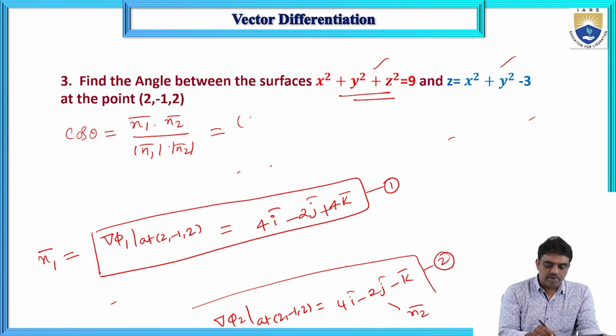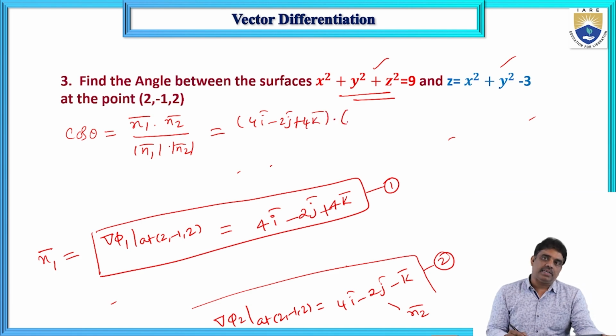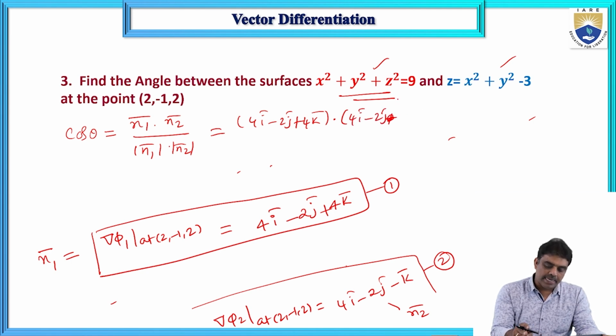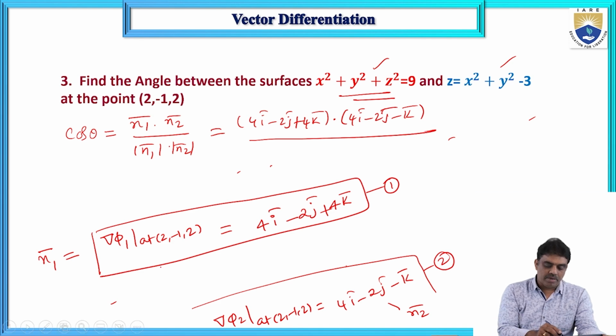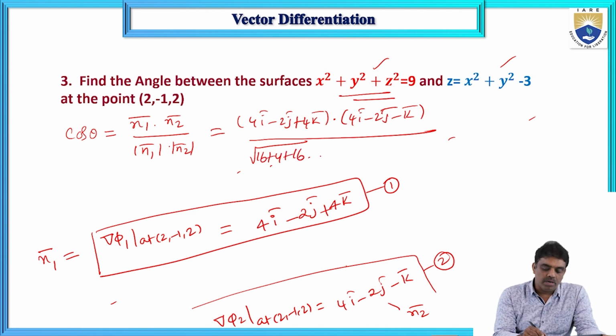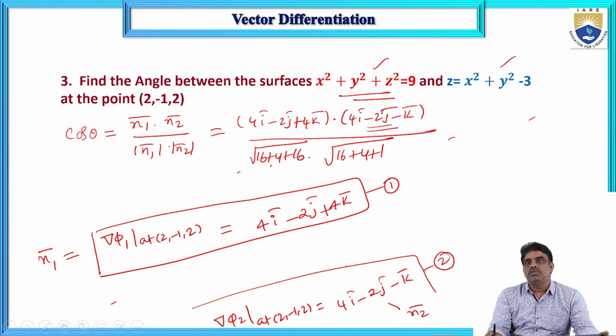What is n1 bar? 4i bar minus 2j bar plus 4k bar, the dot product with the second vector, 2j bar minus k bar... the second vector is 4i bar minus 2j bar minus k bar, divided by the magnitude of n1 bar, that is root of 4 square 16 plus 4 plus 16. Similarly, magnitude of n2 bar is 16 plus 2 twos are 4 plus (minus 1) whole square, that is 1.